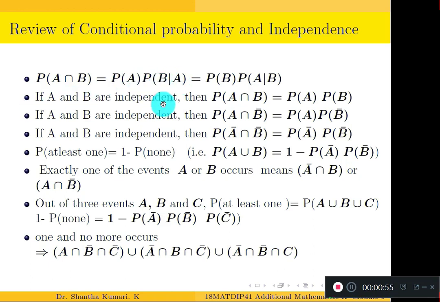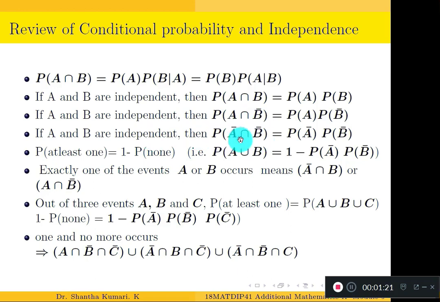So if A and B are independent, then P of A intersection B is just P of A into P of B. Remember. And if A and B are independent, we also proved that A and B complement are also independent. That means the probability of their intersection equals the product of the probabilities. So if A and B are independent, their complements are also independent.